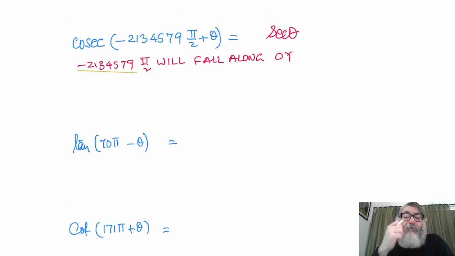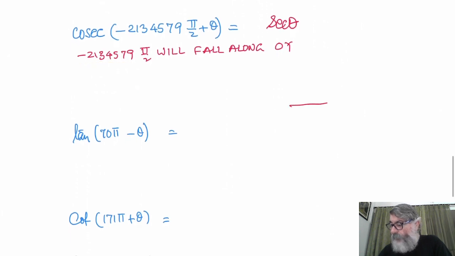Multiples of pi will fall along the horizontal line. And you know on line 1 all the even multiples of pi will come, and on the third line OX dash all the odd multiples of pi will come. Let me draw once again here the figure.